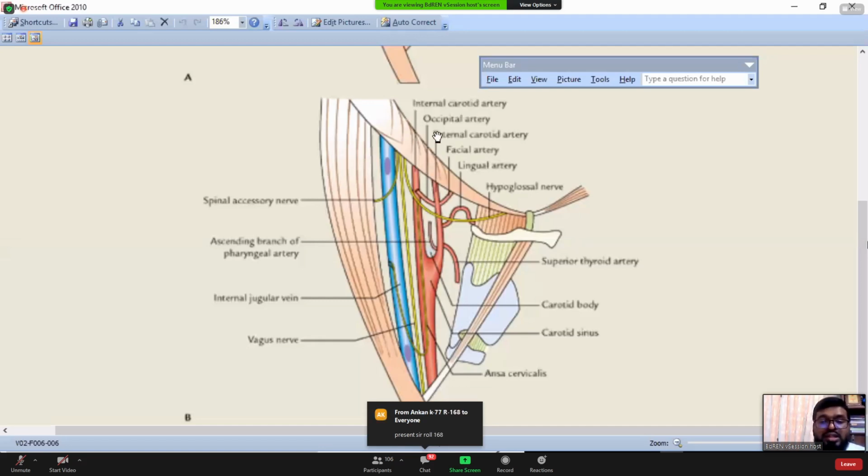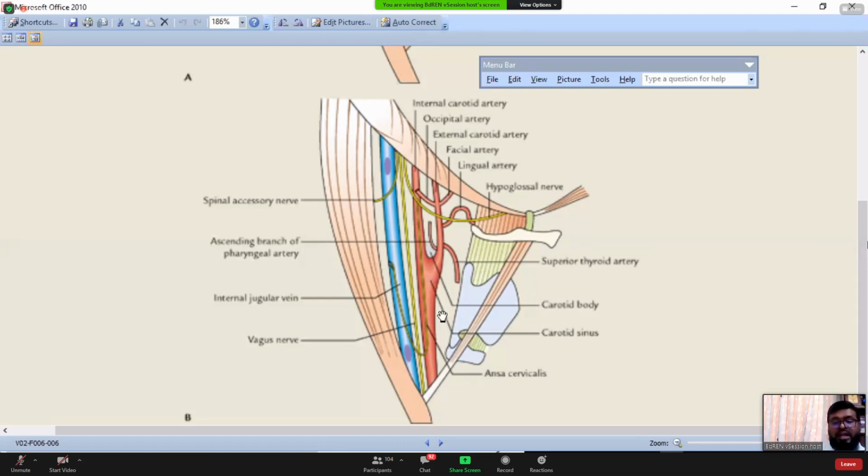This is the 6th, and the terminal last 2 are the superficial temporal and maxillary artery. These are all 8 branches. Out of them, the first 5 branches are present, and the external carotid artery itself, the common carotid artery and the internal carotid, all are present here. Right.